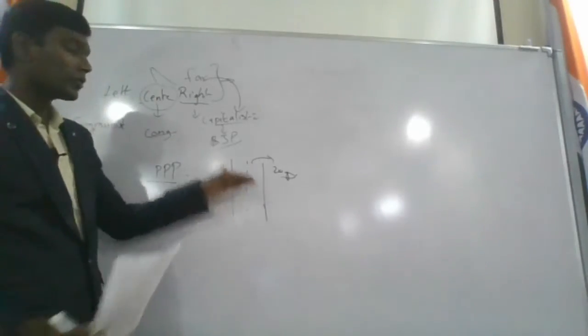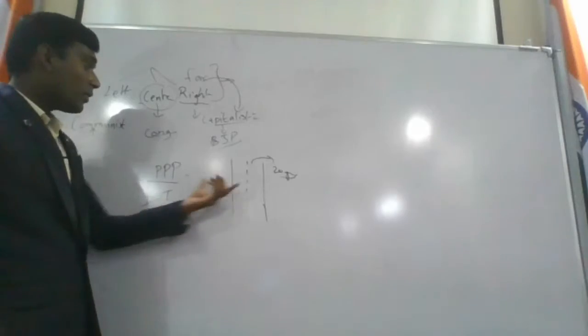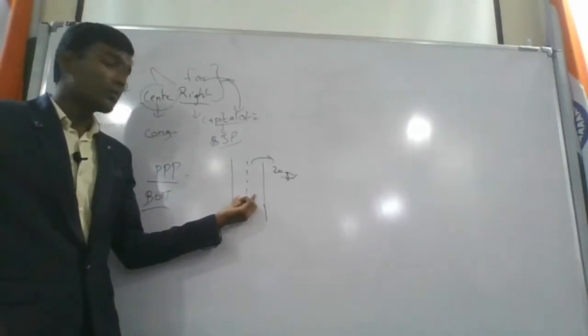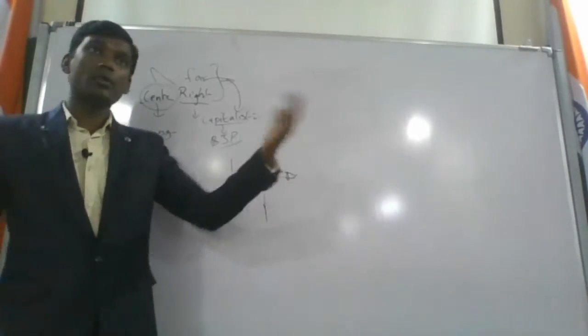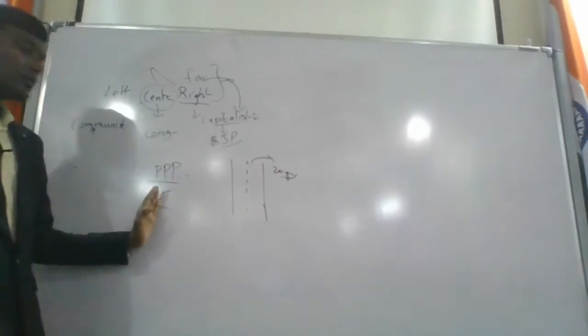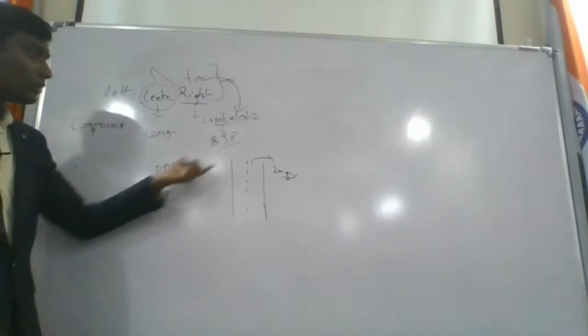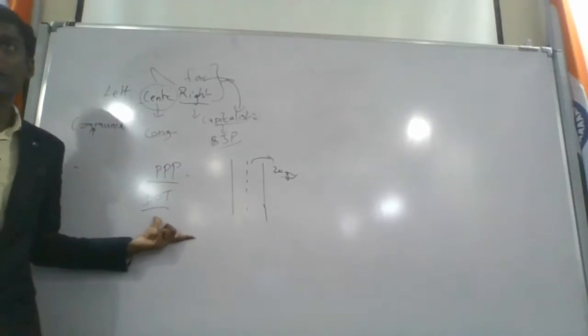And they have a toll booth, correct? You know there are toll booths on all the highways. So imagine there is a company, XYZ, that builds this road. For 20 years they are going to collect the toll, and after 20 years, they are going to transfer it to the government. So this is what is called build, organize, transfer.